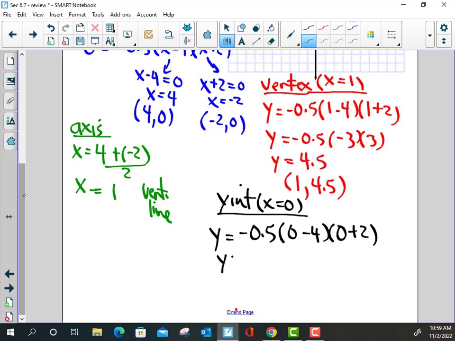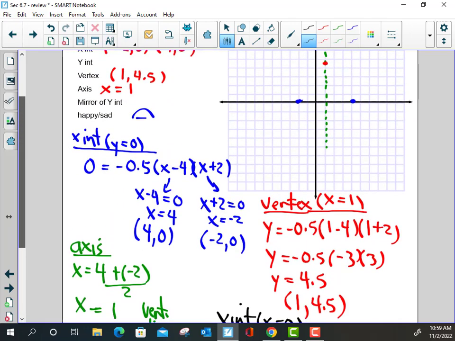And then I solve. So this is going to be negative 0.5 times negative 4 times positive 2. So y is going to be positive, negative times a negative, and then 4 times 2 is 8. Times 0.5 is just 4, so my y-intercept is at 0, 4.